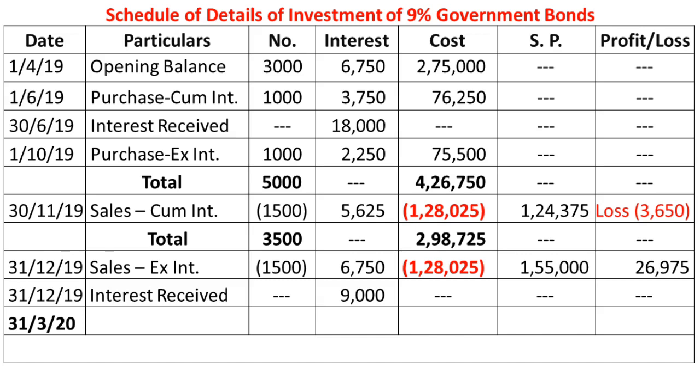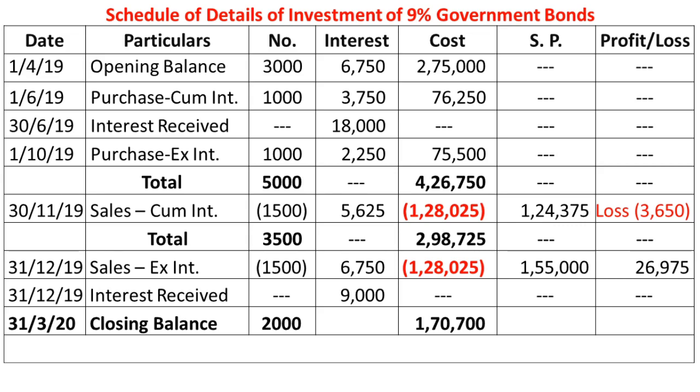We'll close this investment account, so it will be called closing balance. So the total number of government bonds left with us: we were having 3,500 government bonds, out of which we have sold 1,500. So balance left with us is 2,000. Then we need to find out the total cost. Out of 2,98,725, we need to deduct 1,28,025 rupees. So here we have got 1,70,700 as the closing cost.